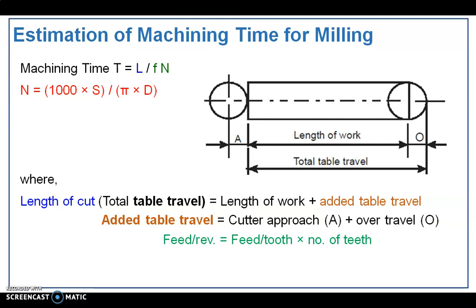Here feed per revolution equals feed per tooth multiplied by number of teeth. Normally in milling cutter problems you may see feed per tooth instead of feed per revolution as in the previous cases. So in this slide we learned what is length of cut and how to calculate it. Other than that, the machining time and speed formulas we already learned in the previous classes.